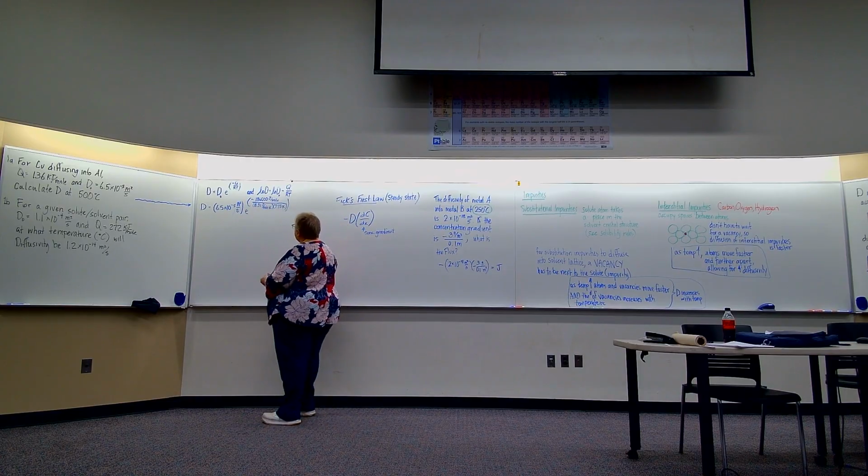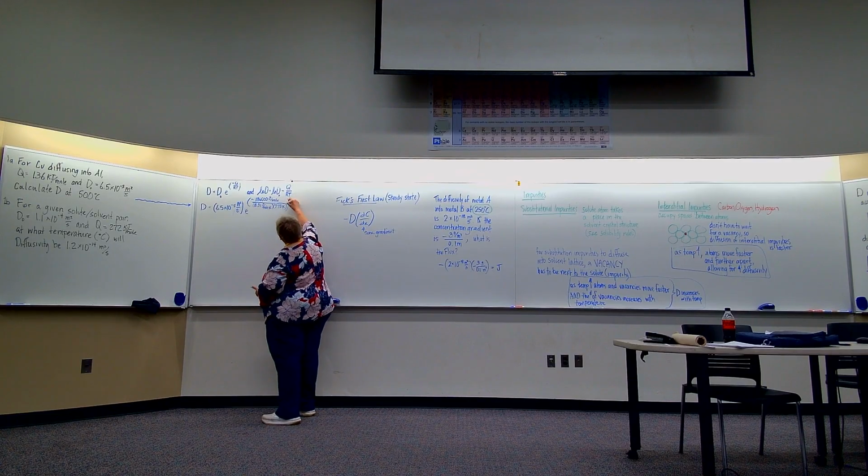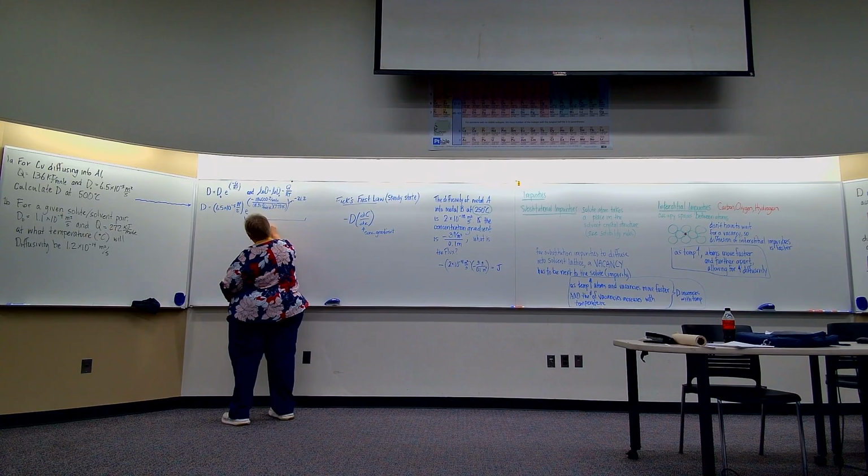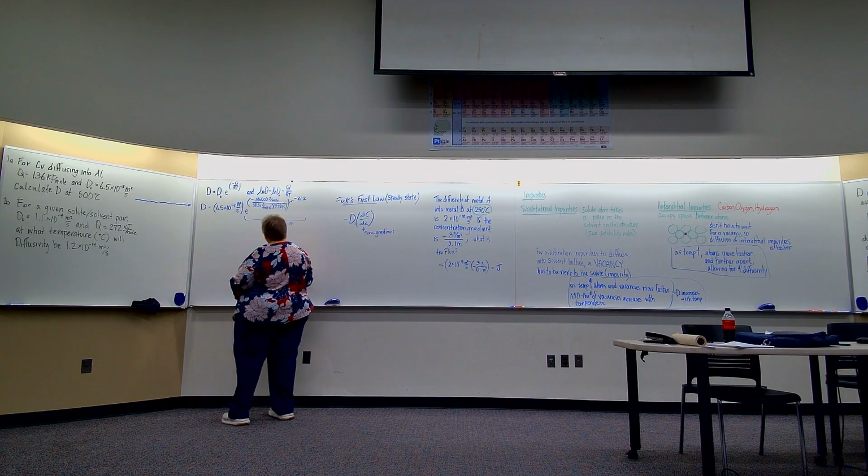So this exponent is negative 21.2. And e to the negative 21.2, you should get 6.21 times 10 to the negative 10.